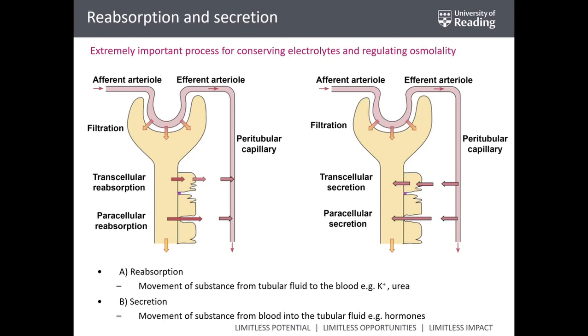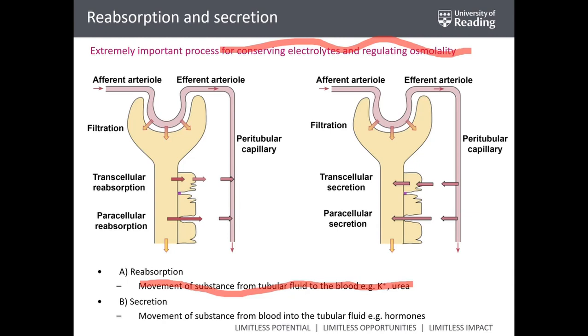Now, there are two other processes: reabsorption and secretion. These are extremely important processes for conserving electrolytes and regulating osmolarity or osmolality. Okay? So reabsorption, remember, is the movement of substance from tubular fluid to the blood, for example, potassium and urea.